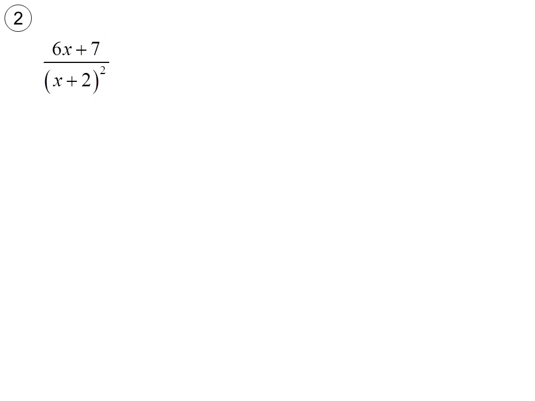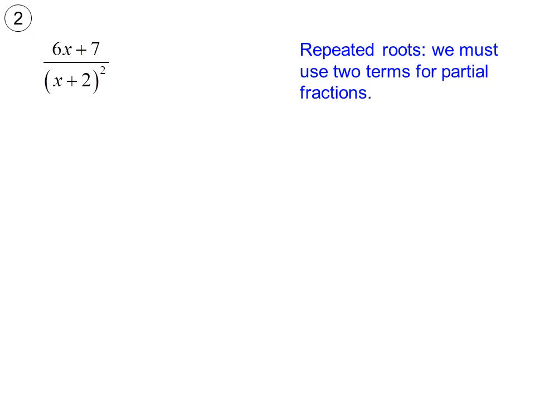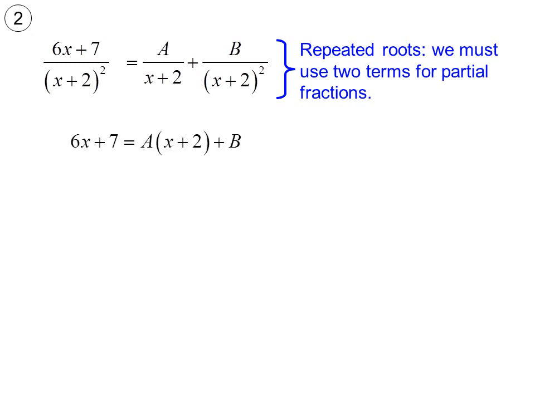We have 6x plus 7 over x plus 2 squared. When we have repeated roots, we must use two terms for partial fractions. So that's equal to a over x plus 2 plus b over x plus 2 squared. We clear the fractions, eliminate the parentheses, and once again we set like terms equal to each other.